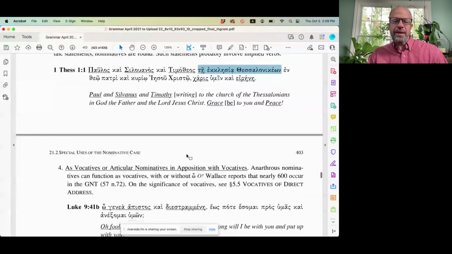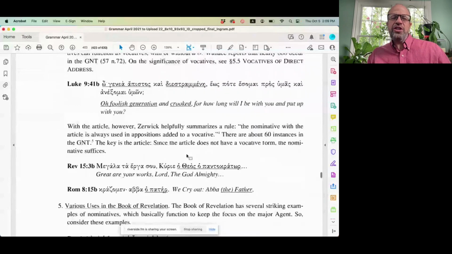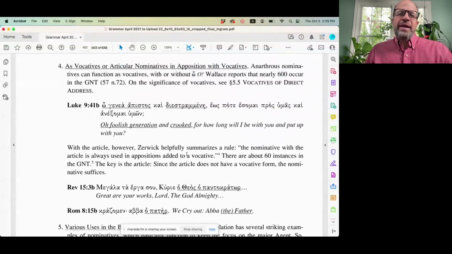And last but not least, you do have nominatives functioning in apposition to vocatives. So a vocative is a direct address. And if you want to further qualify that direct address, the addressee, like someone that you're talking to, you want to provide an adjective modifier or label them as something else in apposition, that appositional element or adjectival descriptor is put into the nominative case.